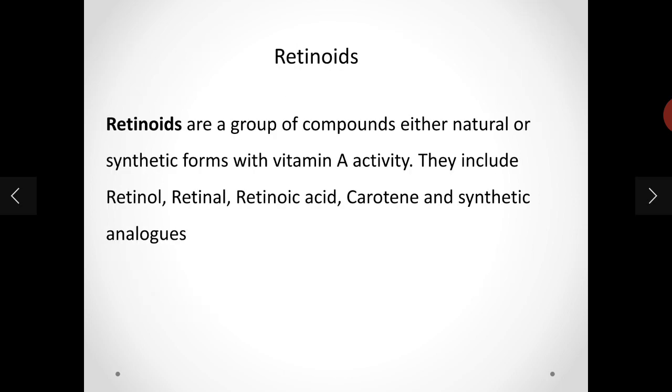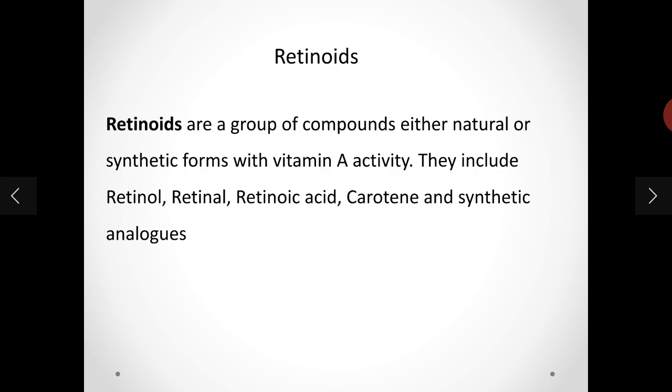And coming to retinoids, retinoids are the group of compounds which have a vitamin A activity, or the different forms of your vitamin A. It may be synthetic or it may be a natural one.